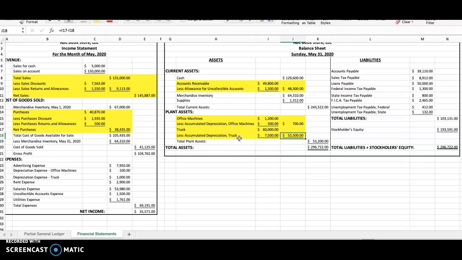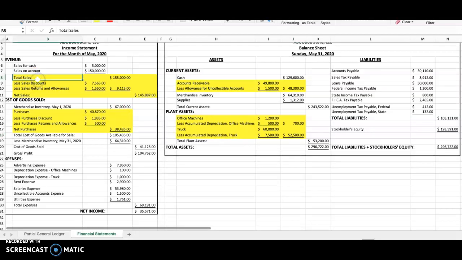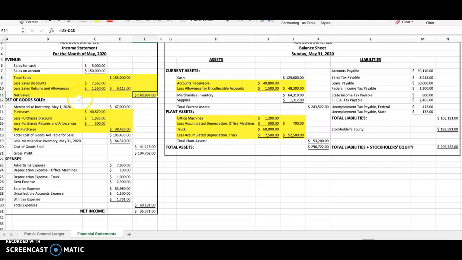Over on the income statement, recently we talked about not only sales, but we also looked at what reduces the total sales from 155,000 to net sales of a bit less. We have to subtract discounts.